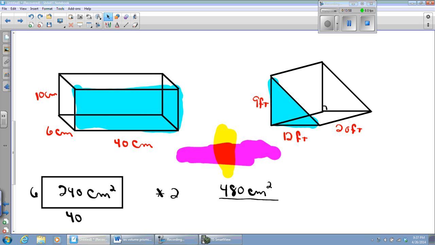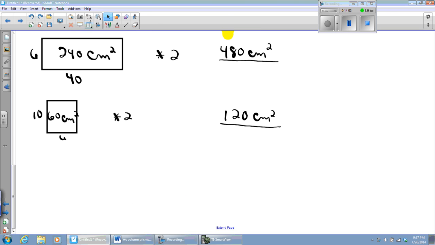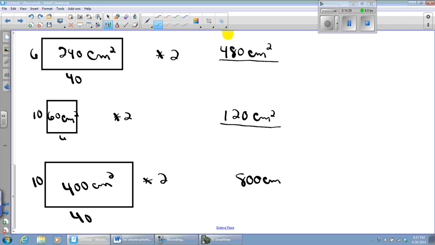So front and back. Okay, so that's going to be 10 by 40. So let me get that rectangle drawn. 10 by 40 will be 400 centimeters squared. And again, there are 2 of them, so that'll be 800 centimeters squared.